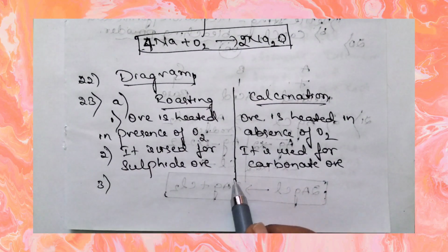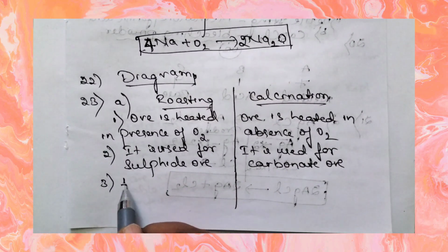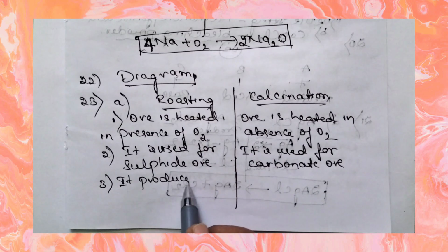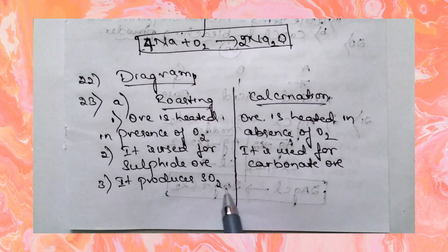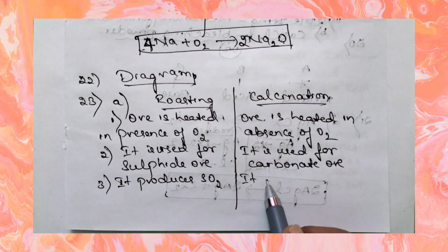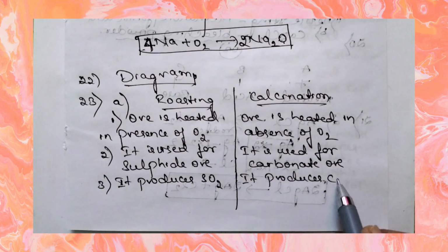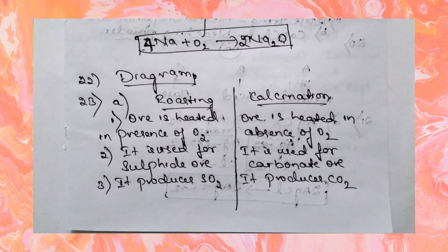And the third difference between them is that roasting produces sulfur dioxide, while calcination produces carbon dioxide. So these are the main differences between roasting and calcination.